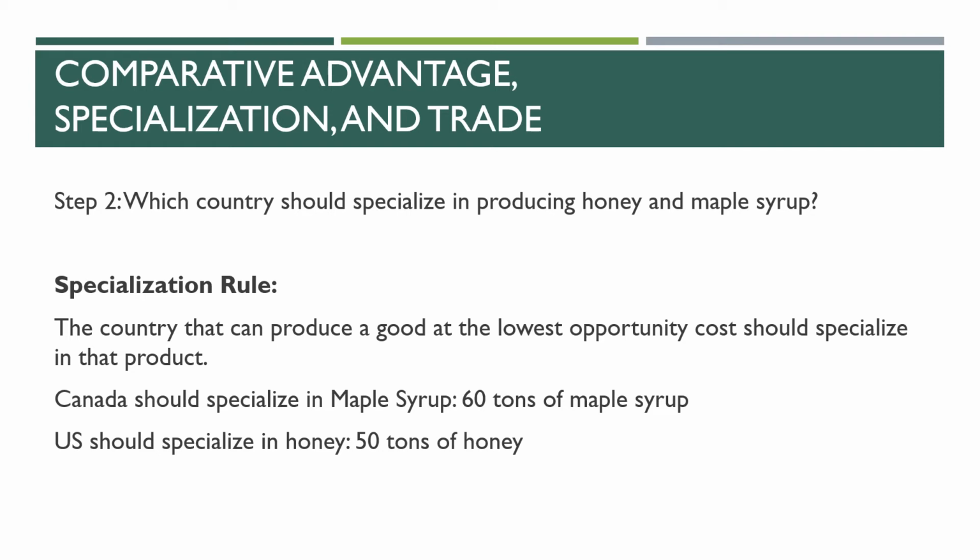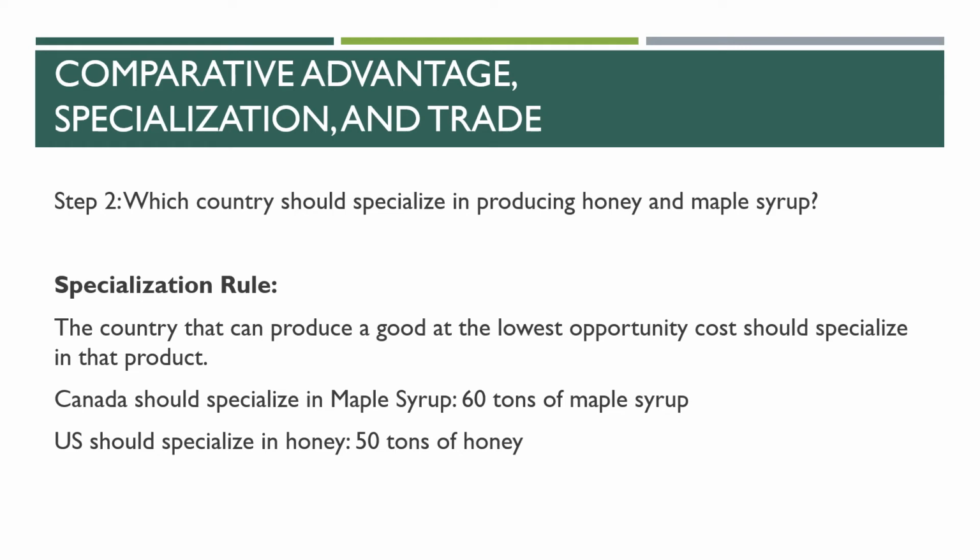So they should specialize in that particular production. In this case, because Canada is so good at producing maple syrup compared to the United States, they will devote all the resources to produce maple syrup, which will get them a maximum of 60 tons of maple syrup. And the United States will specialize in honey production, and they will get a maximum of 50 tons of honey.